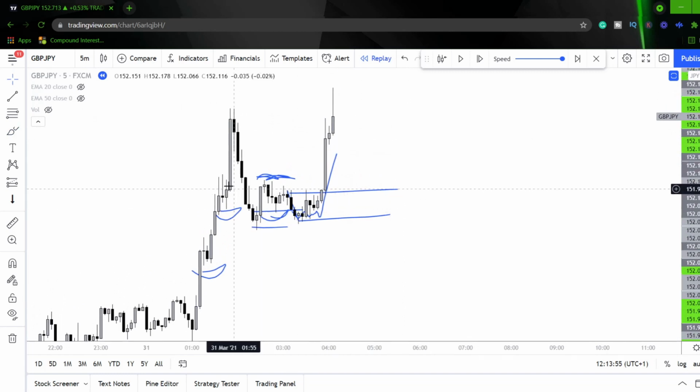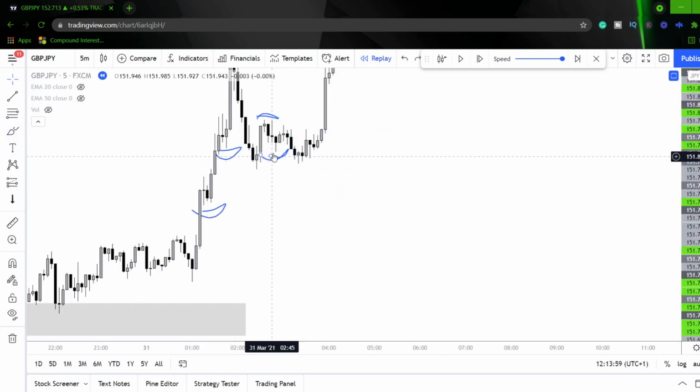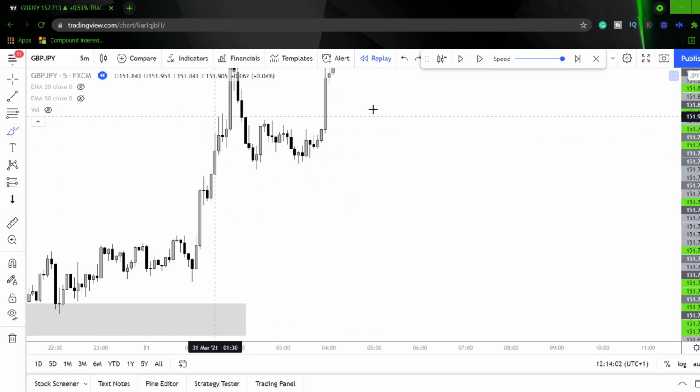So now we're interested in, let's just delete some of this, the order block that took the liquidity from this side.